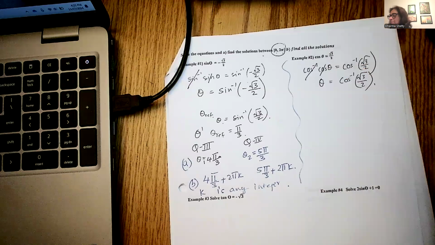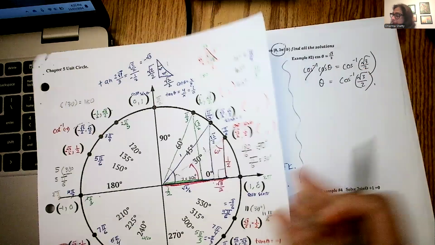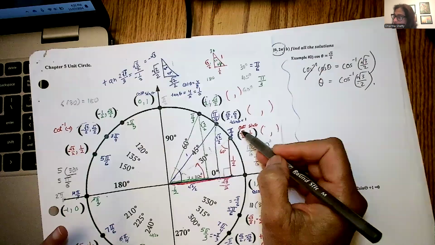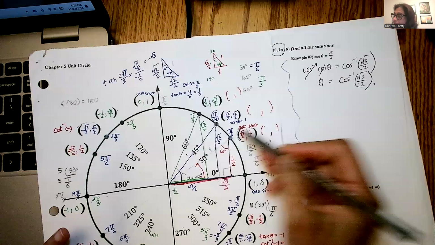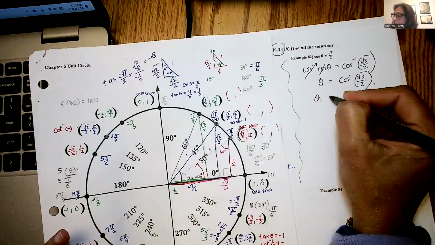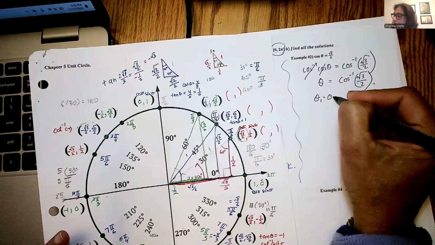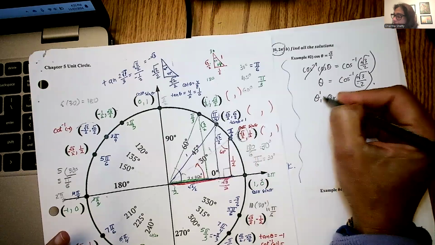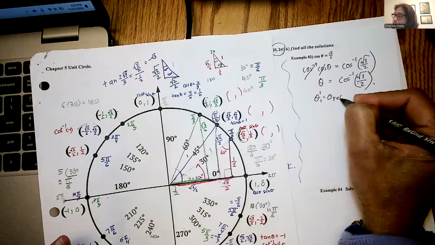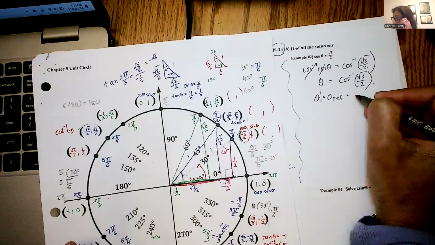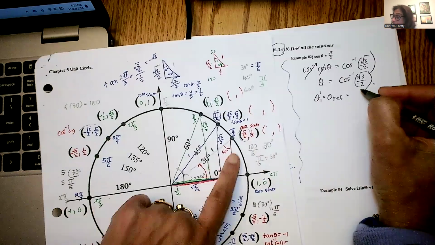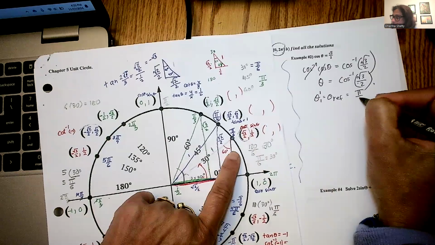So again, I'm looking at where x is equal to square root of 3 over 2. So my theta reference, or theta prime, is going to be the same. It is going to be pi over 6.